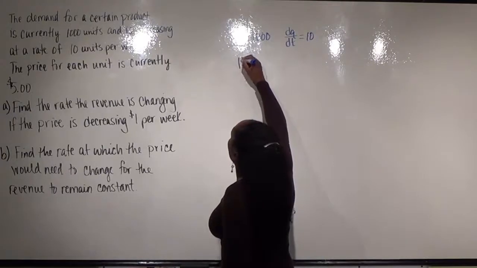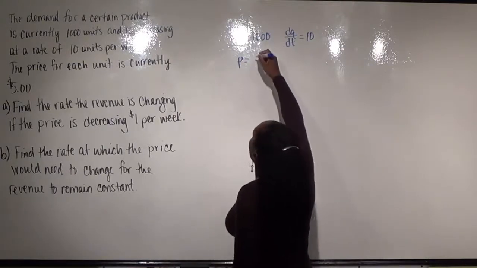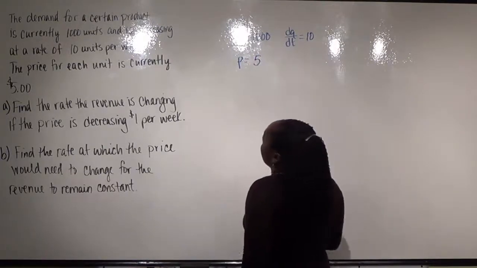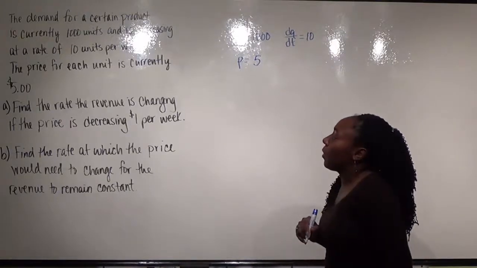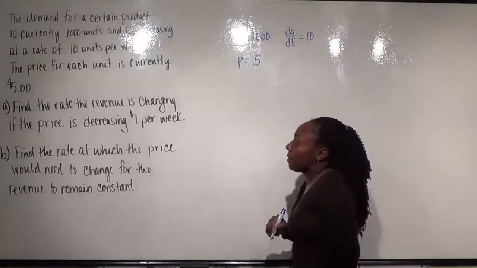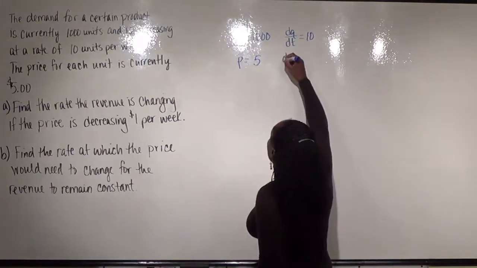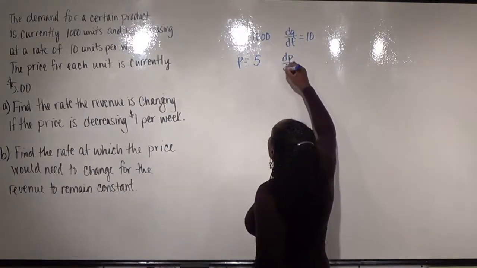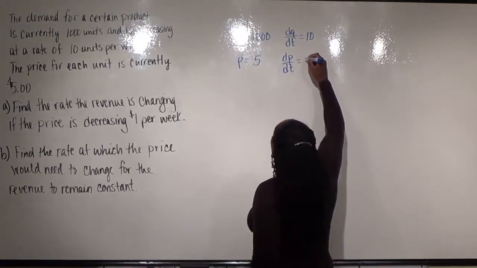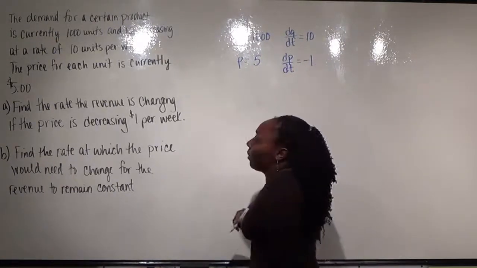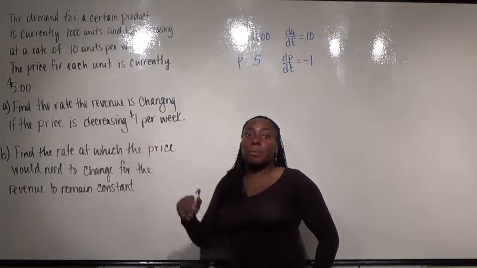And we're told that the price for each unit is currently $5. And for part A, we want to find the rate, we know that the price is increasing by a negative $1 per week, or decreasing by $1 per week.